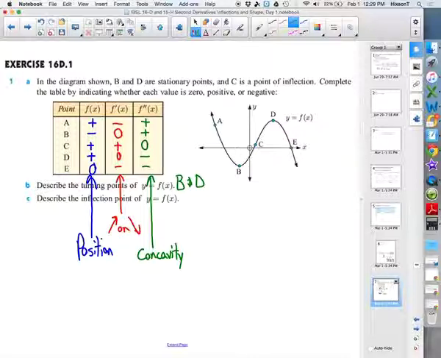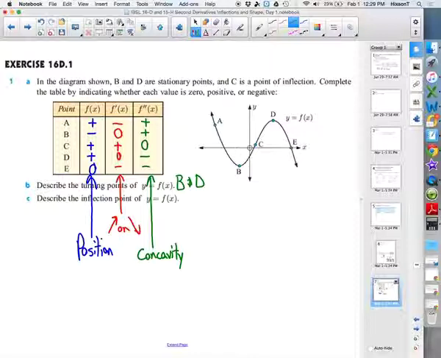If you have a critical value and the concavity is 0, that's a plateau point. If you have a critical value and it were negative, like at D, that proves that we have a max point.